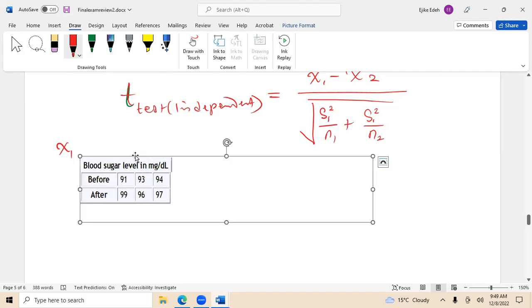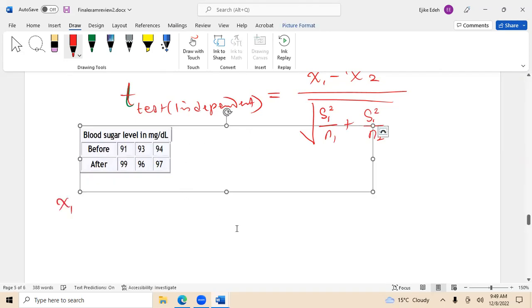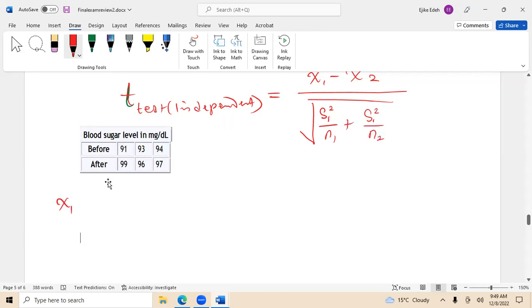We'll just keep it there. It's going to take some space, but we'll manage. So sample mean 1 will be 91 plus 93 plus 94 divided by 3, isn't it? So let's quickly do that.